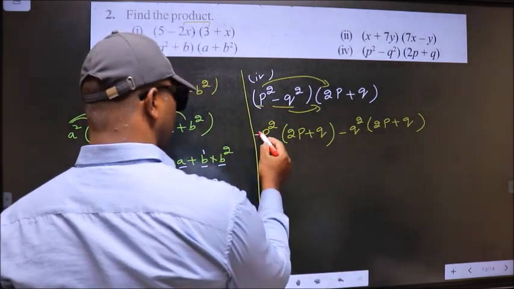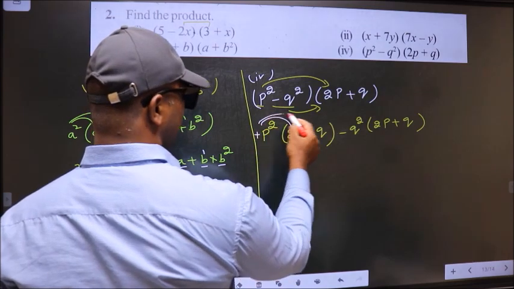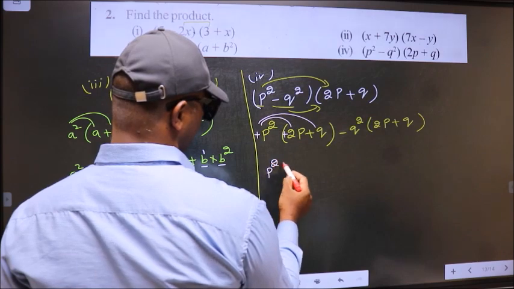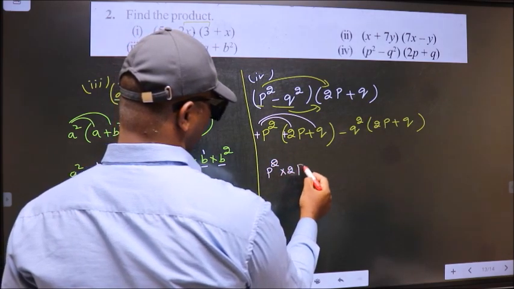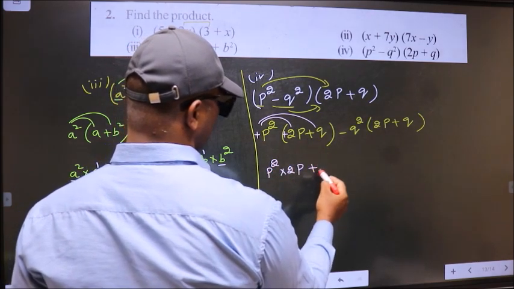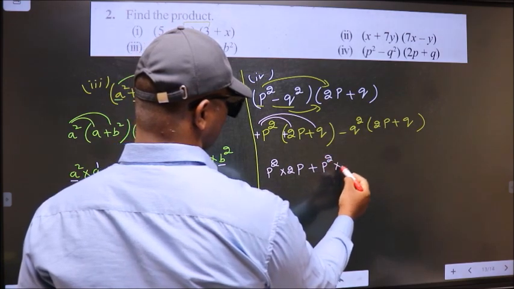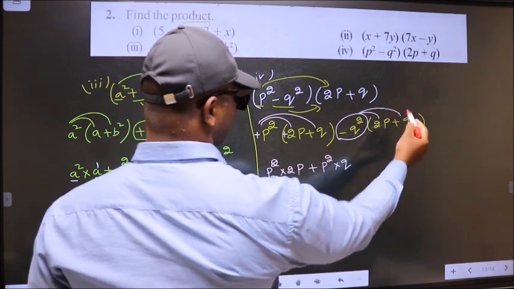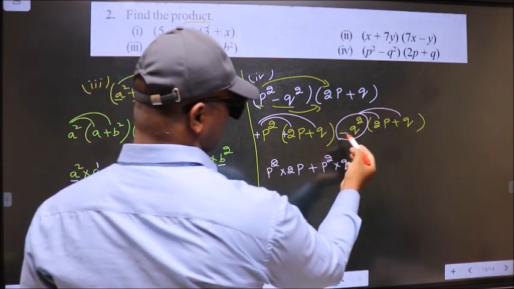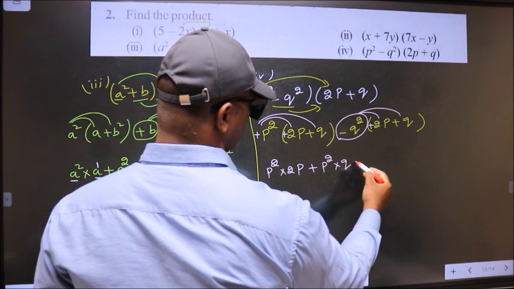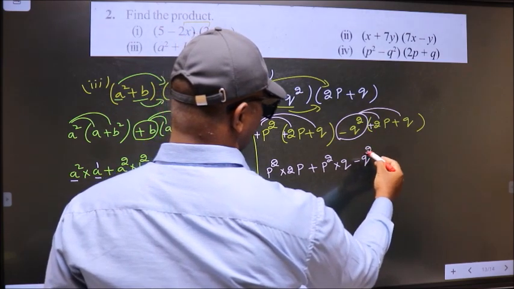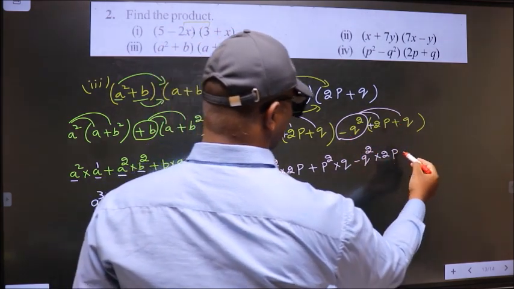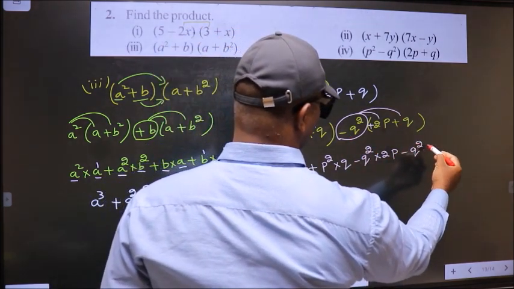Now with plus p square open up the brackets, so plus into plus, plus p square into 2p. Now plus into plus, plus p square into q. Now with minus q square you should open up the brackets. So here it is minus, here it is plus, so you get minus q square into 2p. Now minus into plus, minus q square into q.